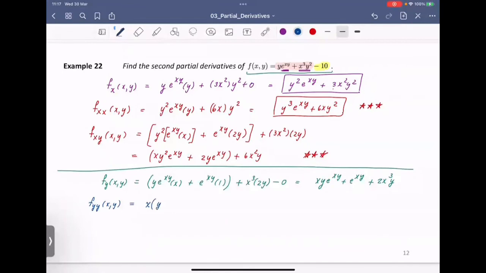So you're going to get y e to the xy times x, and then plus e to the xy times 1. Together with the chain rule inside. And then e to the xy, I differentiate, so I get e to the xy times x. All right, and the last one, I get 2x cubed.